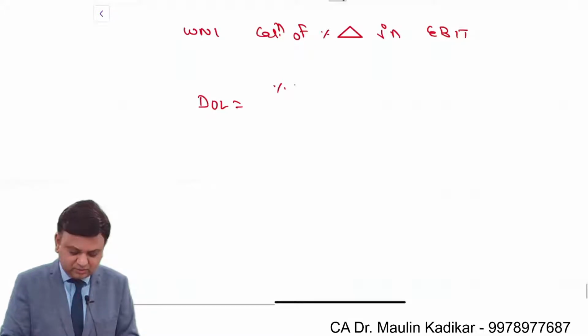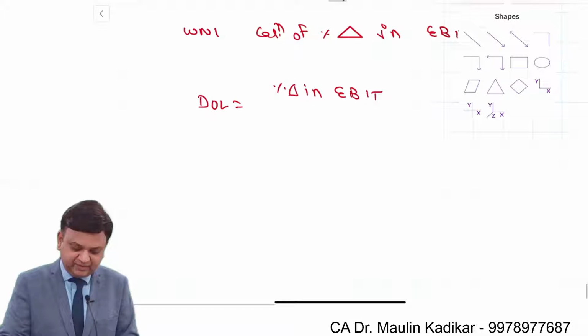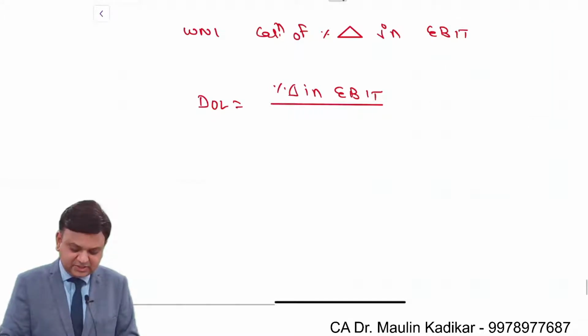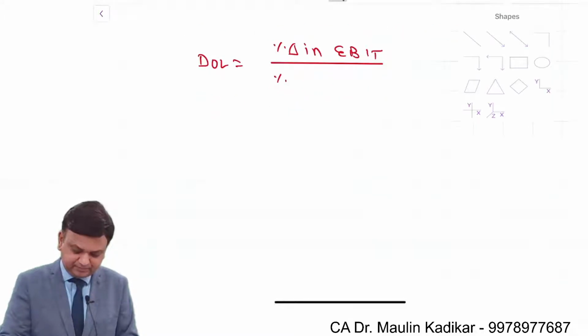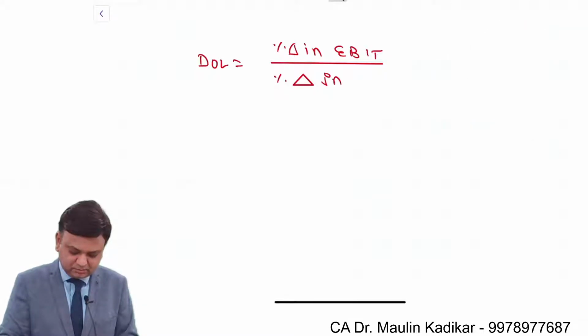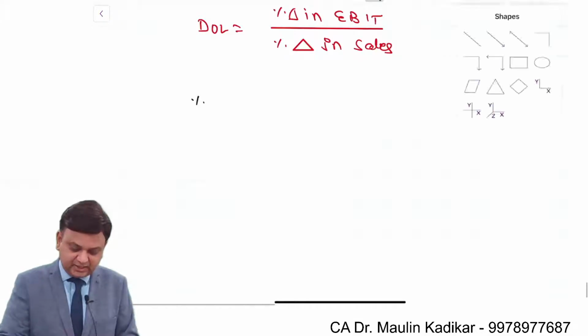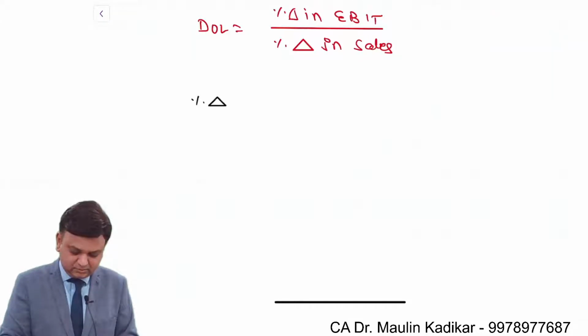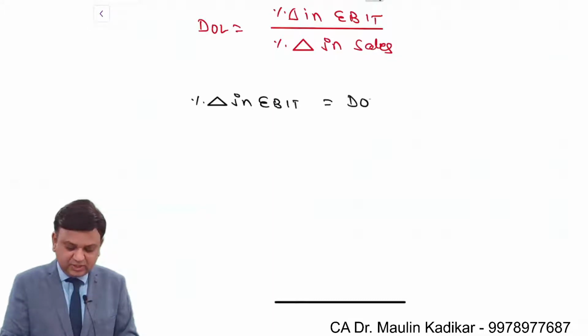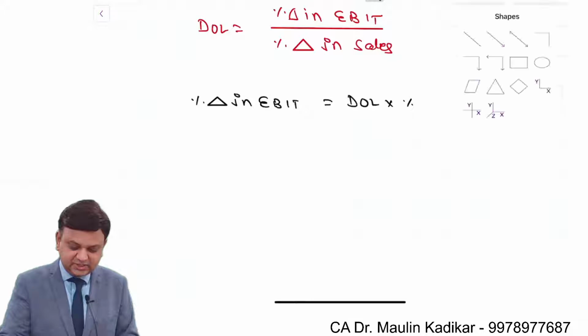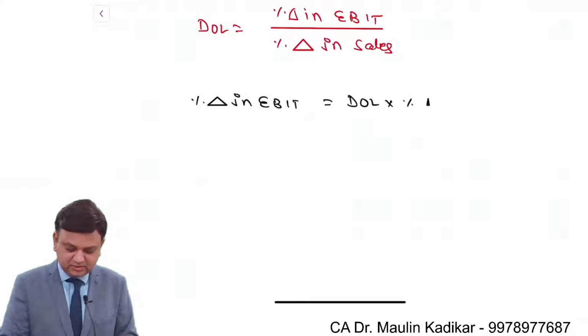DOL is equal to percentage change in EBIT divided by percentage change in sales. So we understand that the percentage change in EBIT is equal to DOL into percentage change in sales.